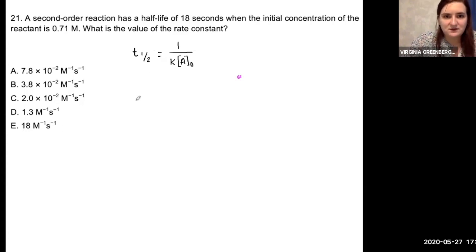So what we can do is say, we have 18 seconds equal to 1 over K, which is what we're trying to find, times our initial concentration of 0.71 molar.